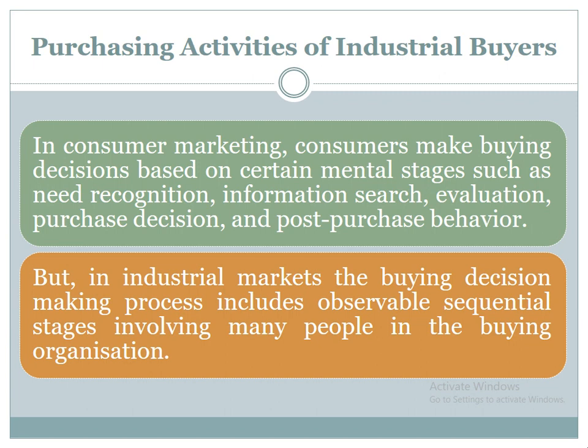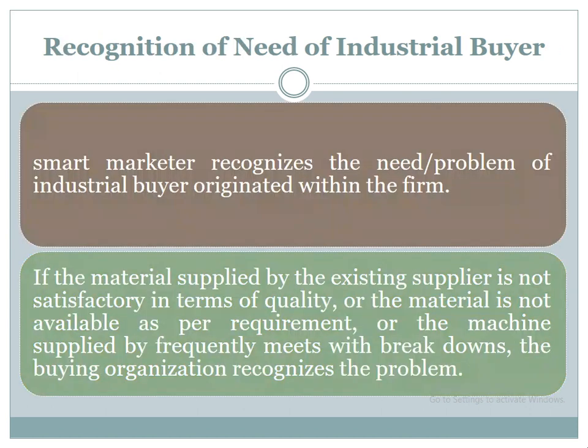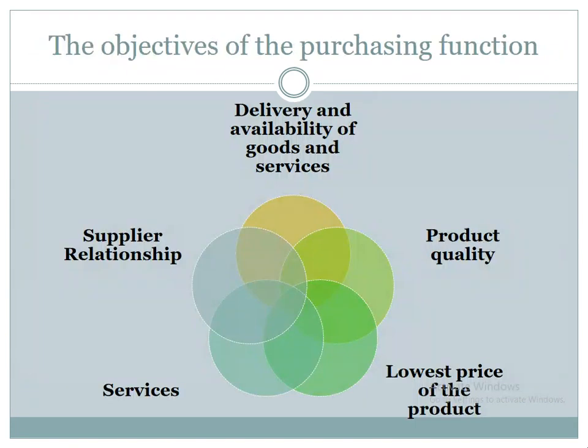But in industrial markets, the buying behavior decision making process includes observable sequential stages involving many people in the buying organization. So, before that, we will try to learn each and every aspect of this objective in detail. First, we will talk about delivery and availability of goods and services.